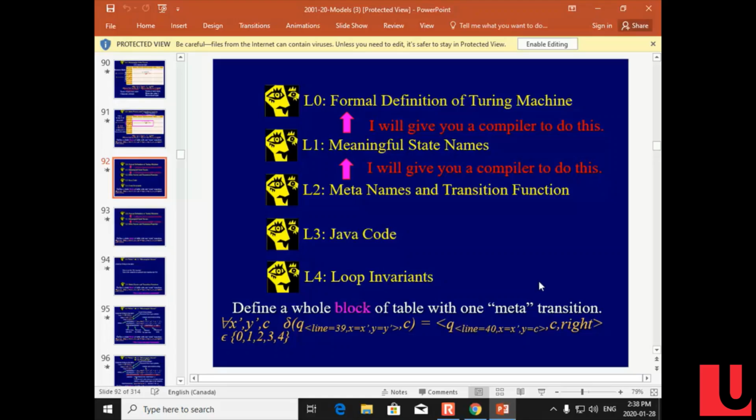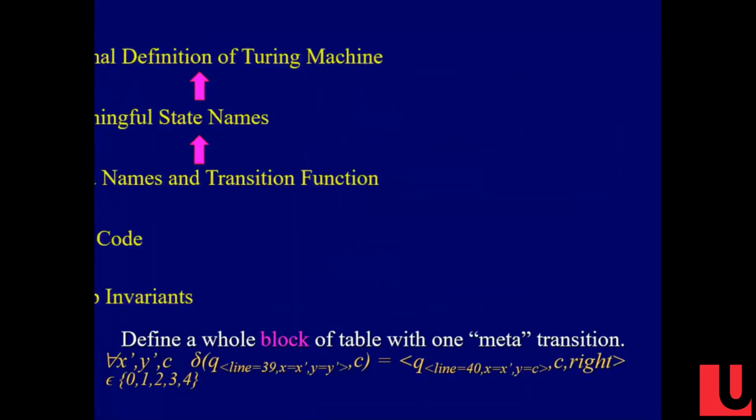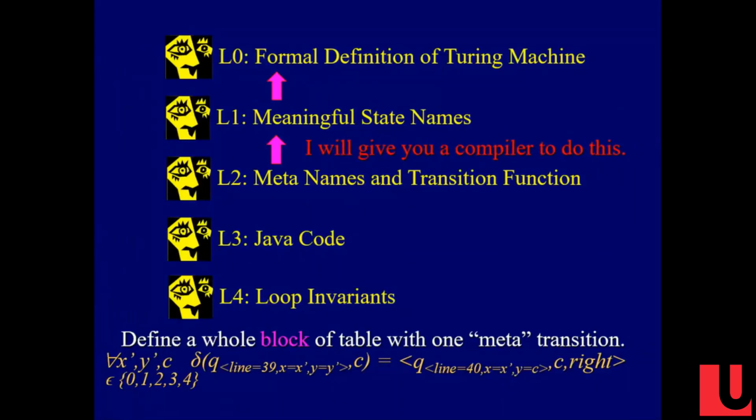This is a new slide that I've stuck in here. So what we're going to do now is build a compiler that's going to compile from this to this, and then we're going to write another compiler that's going to convert from this to this.